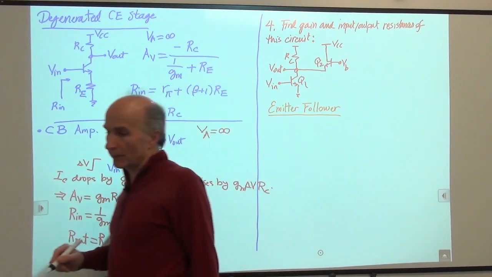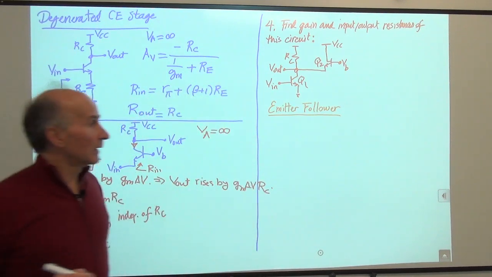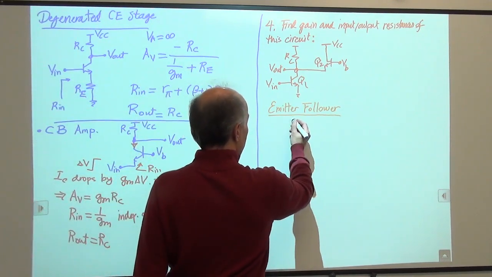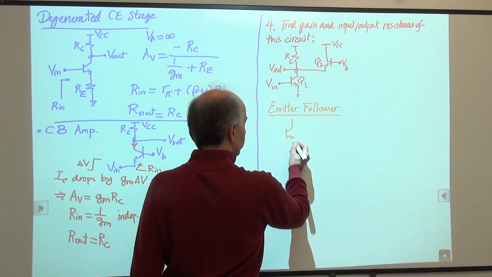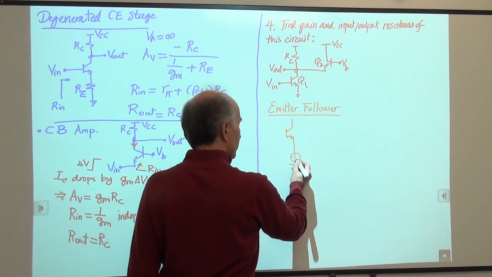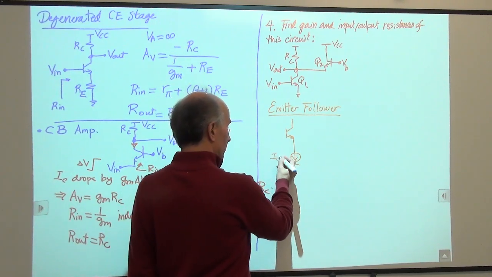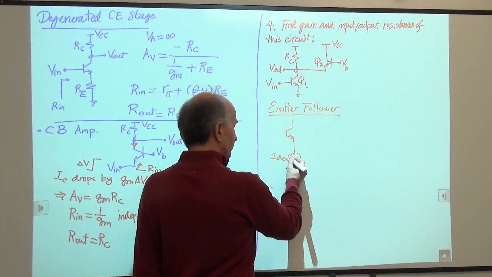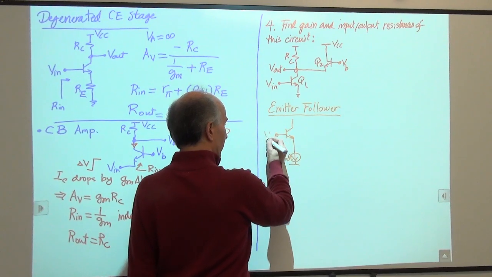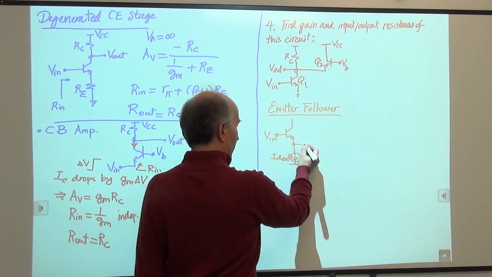In its simplest case, the emitter follower consists of a single transistor biased by means of an ideal current source. So we call this ideal, and we have an input here and an output here.